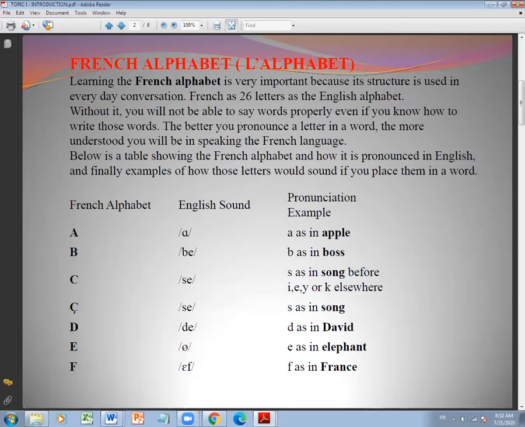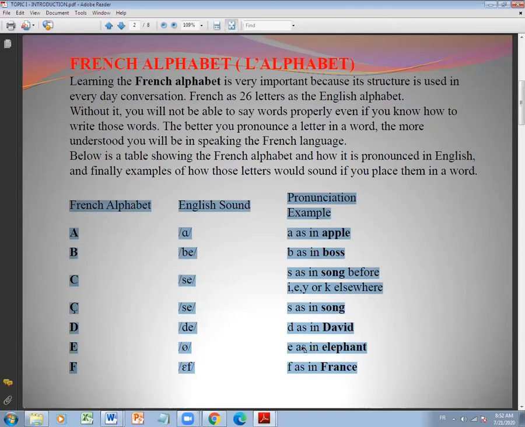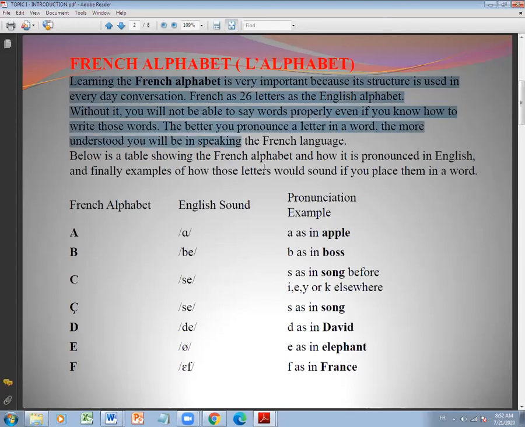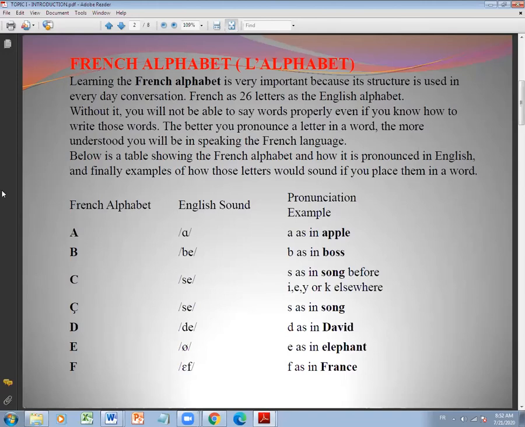Okay, so I had read up to F. I was saying in the middle how to pronounce that, because it's written, I don't know whether that's EF or something. F as in France. I just wanted you to read this paragraph up to the end, where I said, below is a table showing the French alphabet and how it is pronounced in English, and finally, examples of how those letters would sound if you place them in a word.